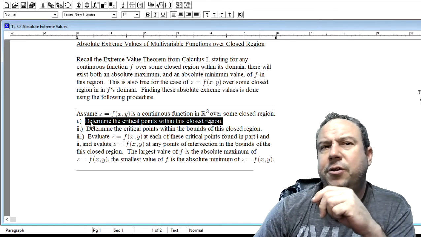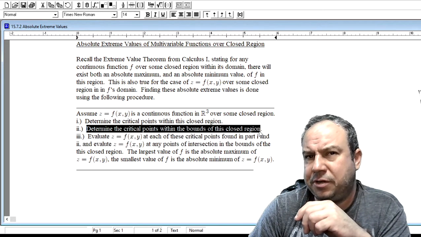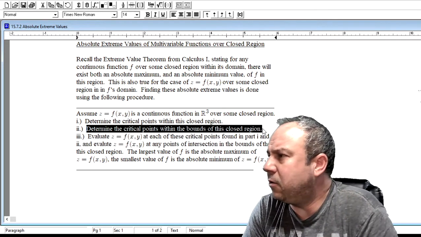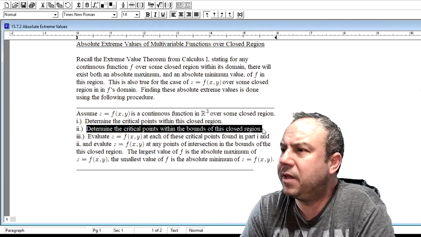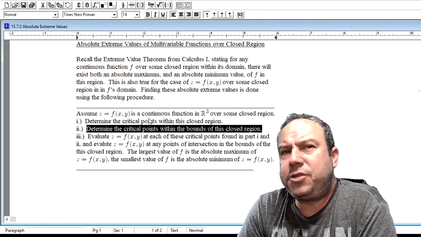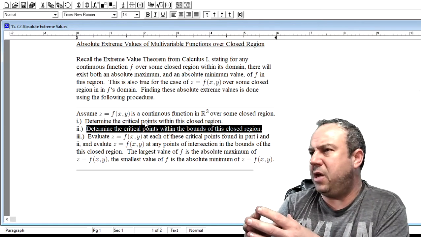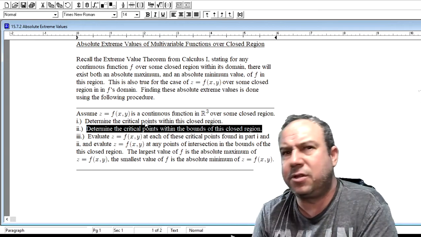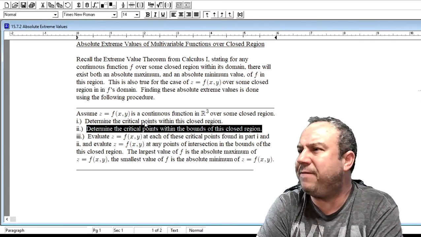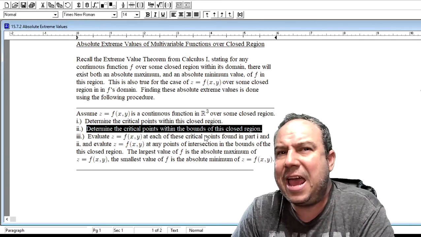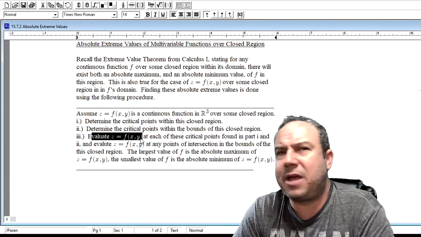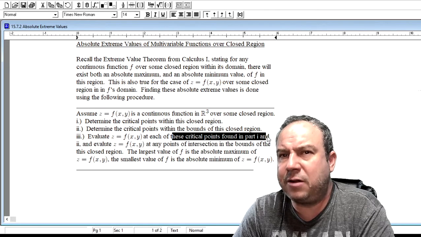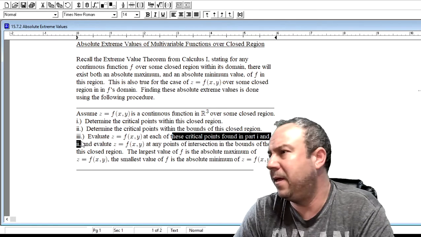You're then going to turn your attention to the bounds of the region and look for any critical points that might exist along the bounds of that region. Once you have your critical points within the region and on the bounds of the region, you're going to evaluate your function at these critical points. You evaluate z equal to f of x comma y at the critical points found in parts 1 and 2.